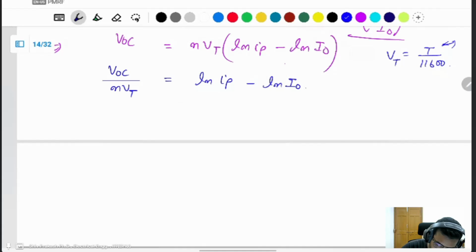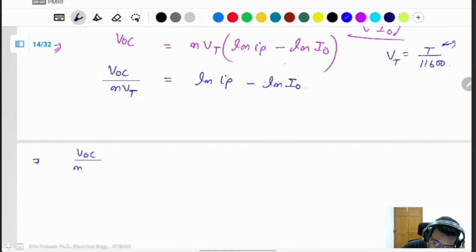So you can say VOC equals n into T divided by 11,600 times ln of IP minus ln of I naught.